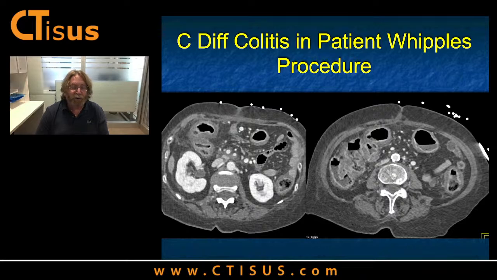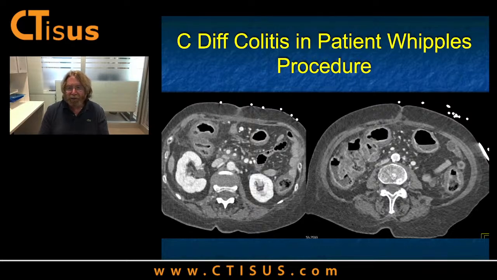Often patients had recent antibiotic therapy, but it's also important to think about this in patients who've had surgery and are being treated, like this patient who was getting chemotherapy for pancreatic cancer, post-Whipple's procedure. Those patients often have all sorts of issues, and C. diff colitis is not uncommon.